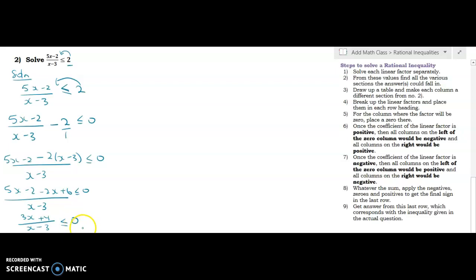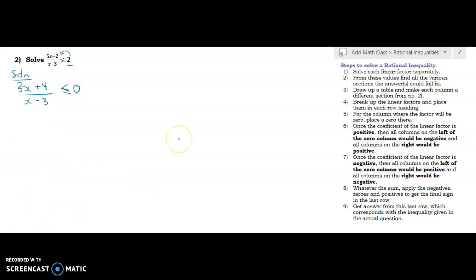So now, from here, I could start to do my solving with these steps. Going back to my list, it says to solve each linear factor separately. So my linear factors are these. This is my first one, and this is my second one. Solving here, I will get 3x plus 4 is equal to 0, and x minus 3 is equal to 0. This one works out nicely to just be 3. This one works out to be minus 4 on 3, which is minus 1 and a third.